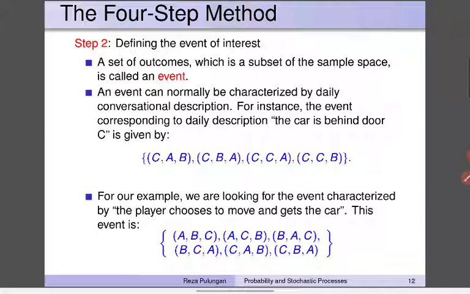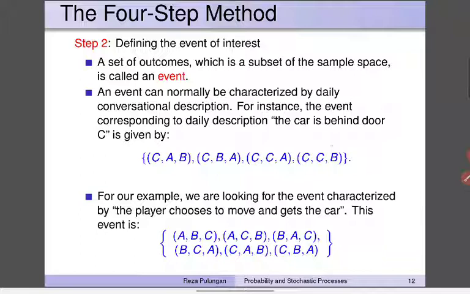In the next step, step 2, we define the event of interest. A set of outcomes which is a subset of the sample space is called an event. An event can normally be characterized by a daily conversational description. For example, the event corresponding to the description "the car is behind door C" is given by these 4 outcomes.